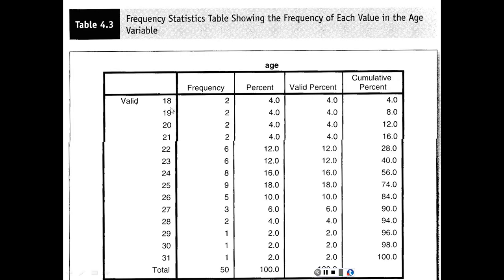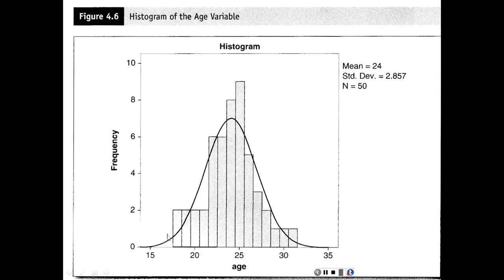Again, we have 2 participants who are 18, 2 who are 19, 2 who are 20, and 2 who are 21. And this is what our histogram is showing. So our participants who fall within this age range right here, there are 2 of each.